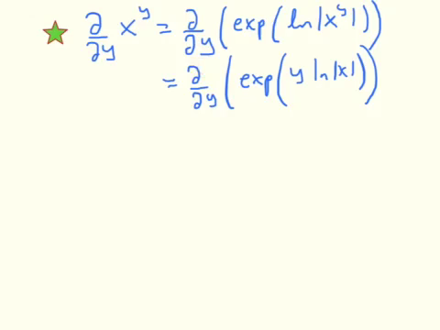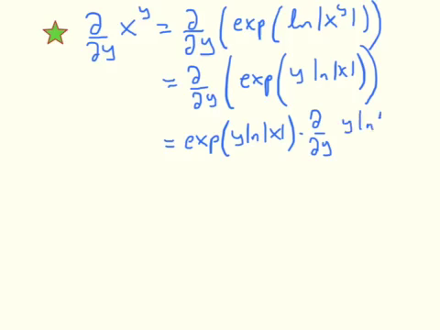So therefore, using the standard rules, the derivative of an exponential is going to be the exponential of y multiplied by the log of x, and then this is going to be multiplied by the derivative with respect to y of the argument to the exponential, which is y times the logarithm of x.